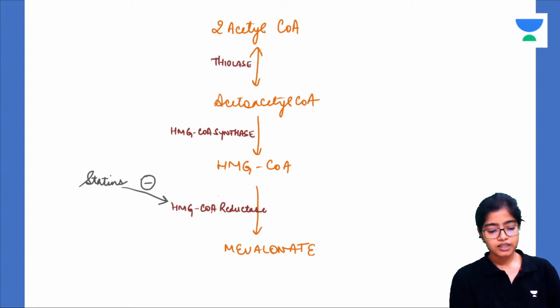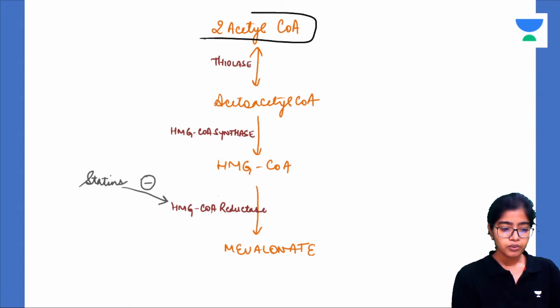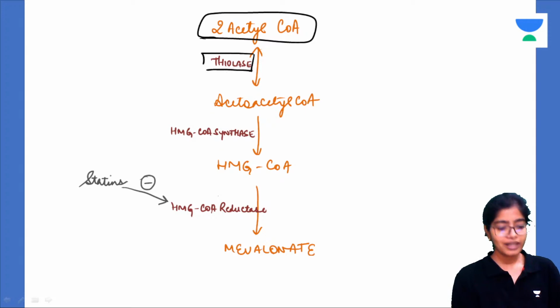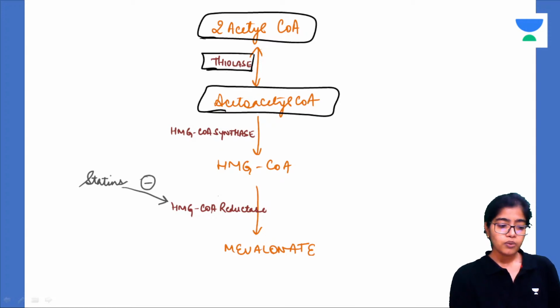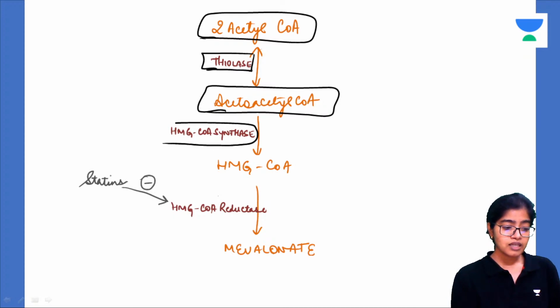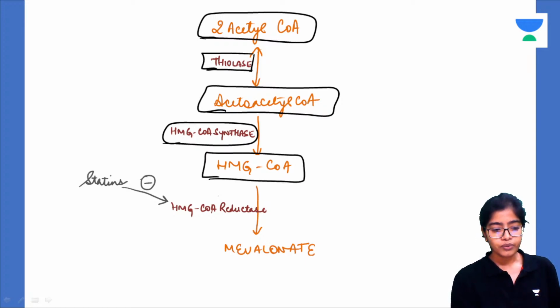Now, how does it occur? Two acetyl CoA molecules will be acted upon by the enzyme thiolase to form acetoacetyl CoA, which will be acted upon by the enzyme HMG CoA synthase to form HMG CoA molecule.